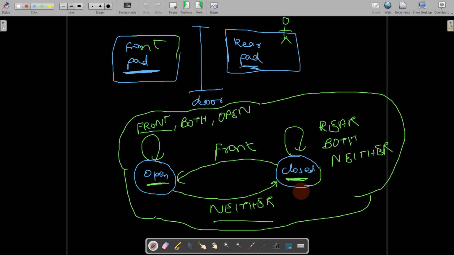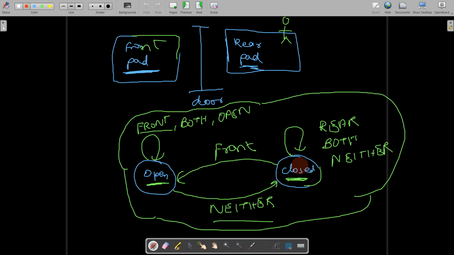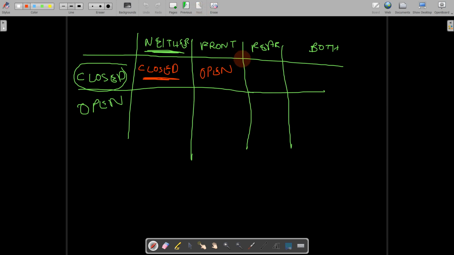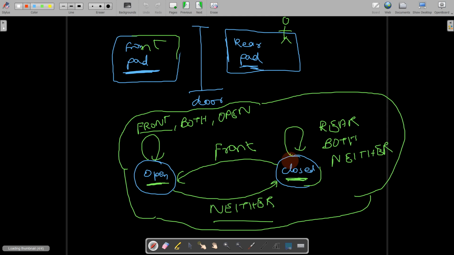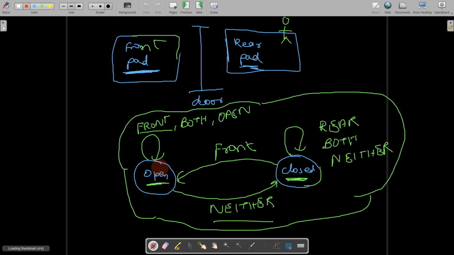Closed and front input. Closed and front, it will go to open. Closed and rear, it will stay in closed. Closed and both, it will stay in closed. Right? Then we see the open one. Open and front would be open. Open and neither would be closed.